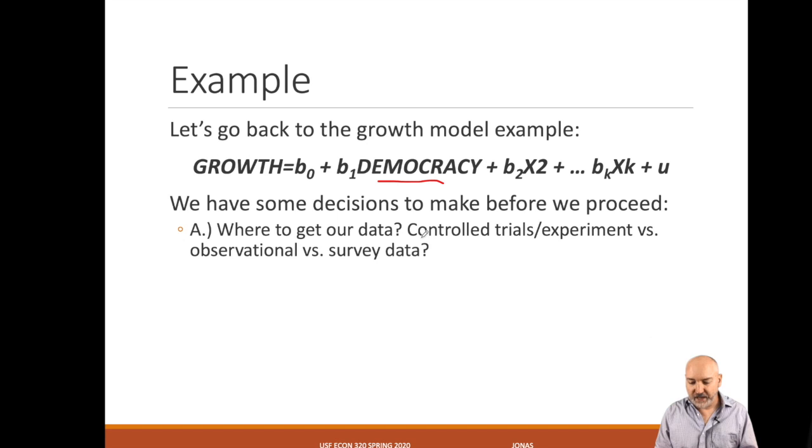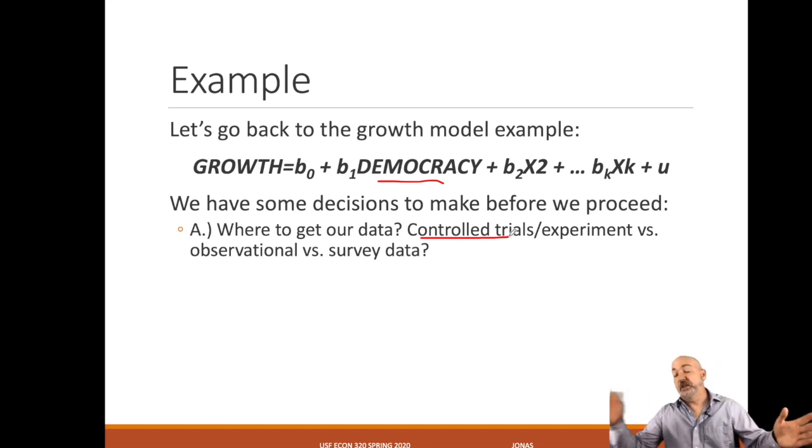Almost every case, the ideal scenario would be a controlled trial, right? Because we have control, right, over where that data comes from. But at the macro level, right, imagine what this would entail, right? We would have to say, okay, we've got 190 countries in the world. We're going to take half of them and make them dictatorships. The other half we're going to make full democracies.